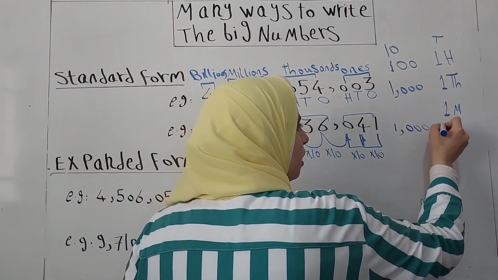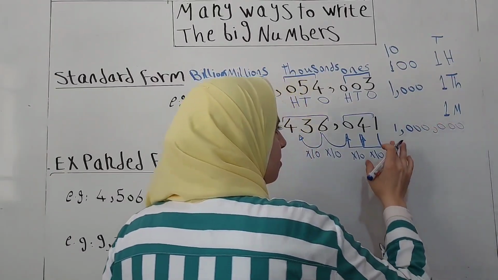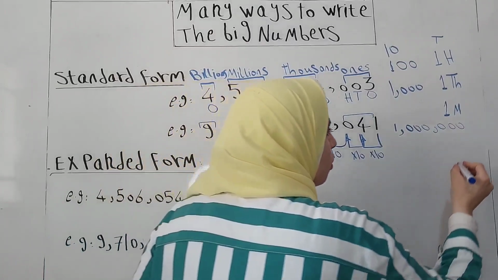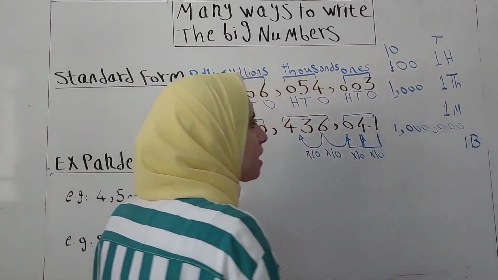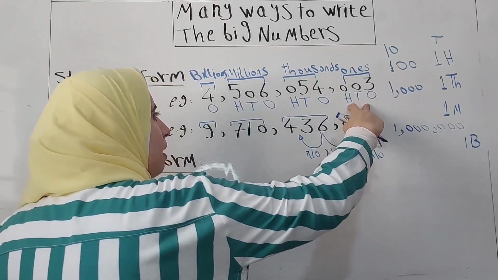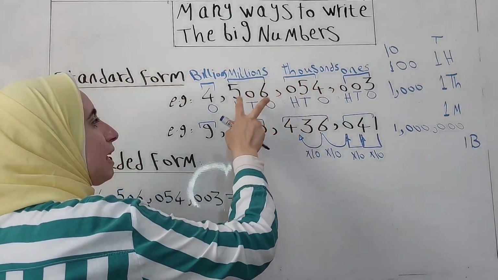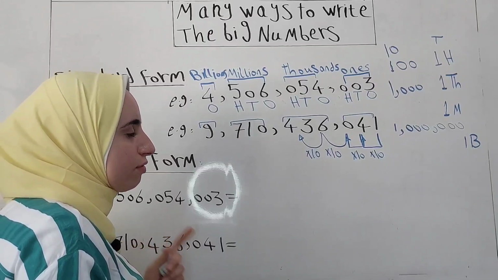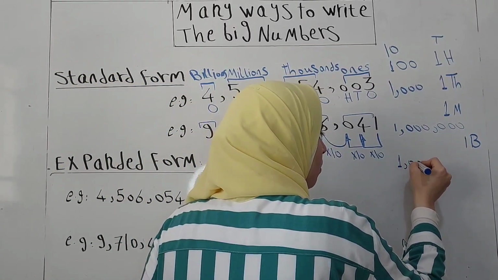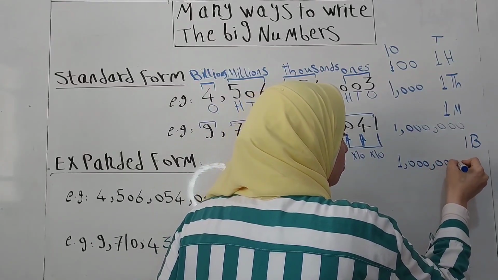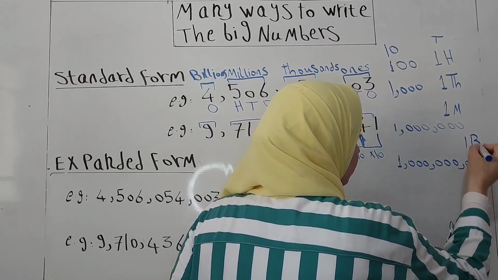This is 1 million. And 1 billion has how many zeros? 3 for the first family, 3 for the second family, and 3 for the third family. It will be 9 zeros.